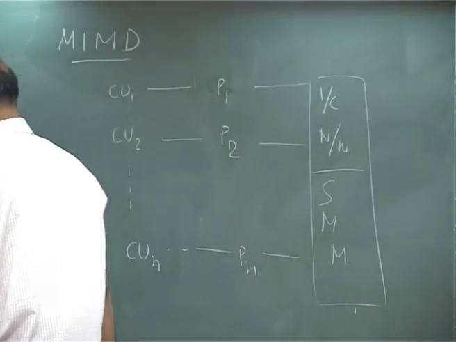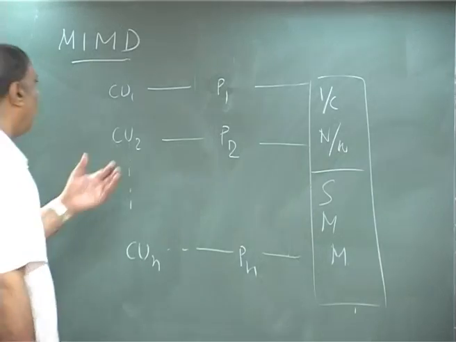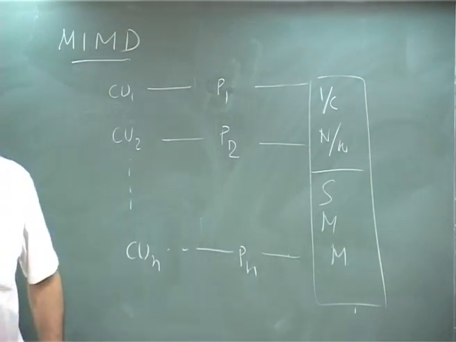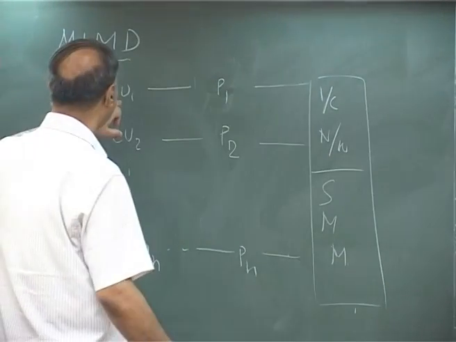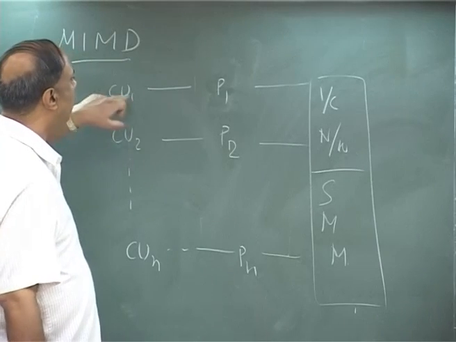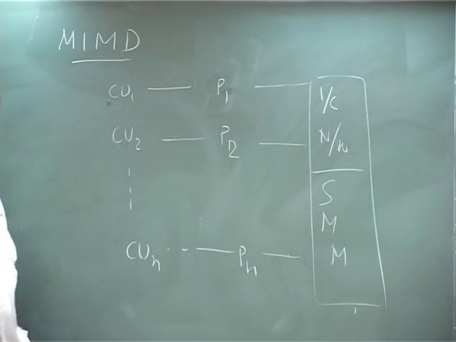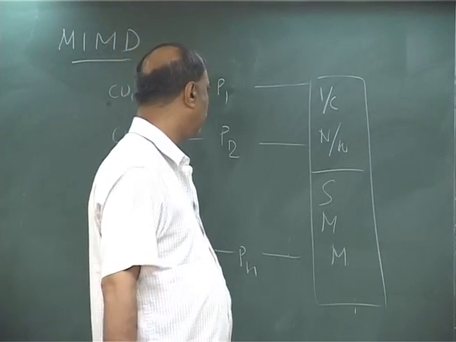Okay. Now each processor is capable enough to solve a problem. The only issue is that while control unit 1 broadcasts one stream of instructions, control unit 2 can broadcast a different set of instructions, so synchronization plays a major role.